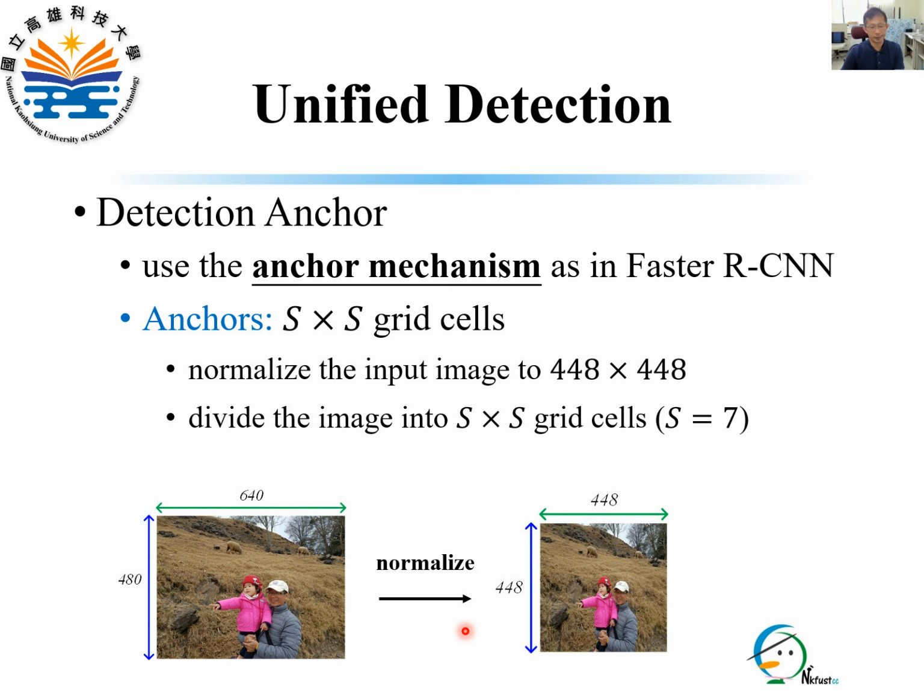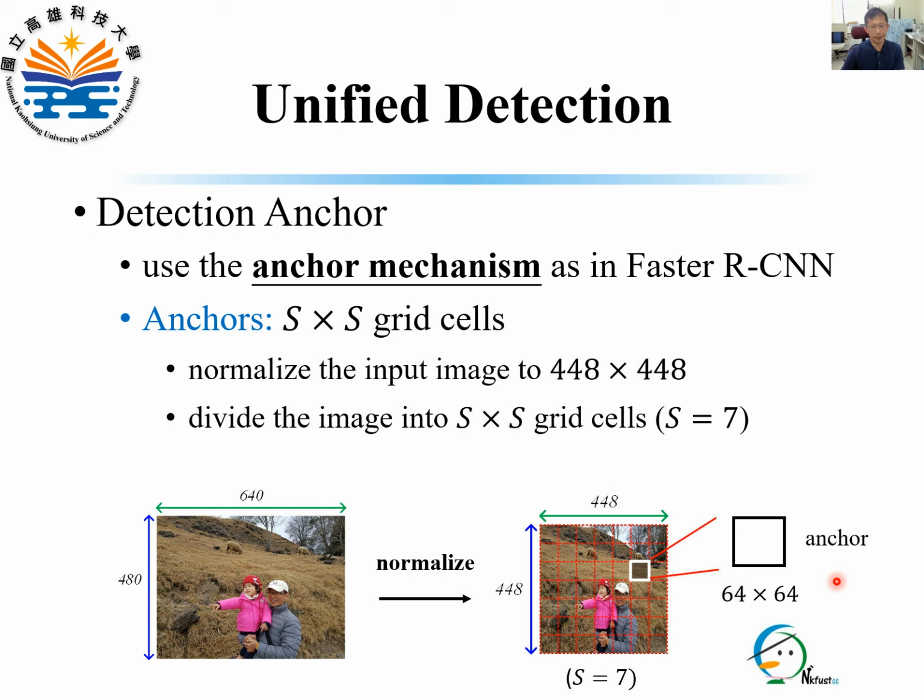They are obtained by firstly normalizing the input image to a 448 by 448 image, and then dividing the image into S by S grid cells. S is set as 7 in this work. In this way, there are 7 by 7 anchors, and each anchor is a 64 by 64 grid cell.